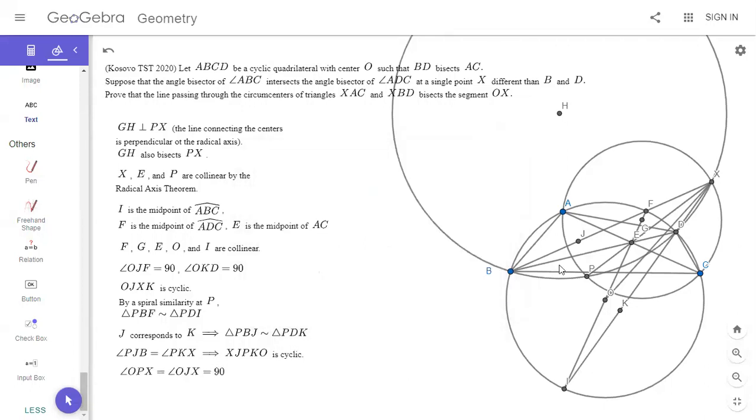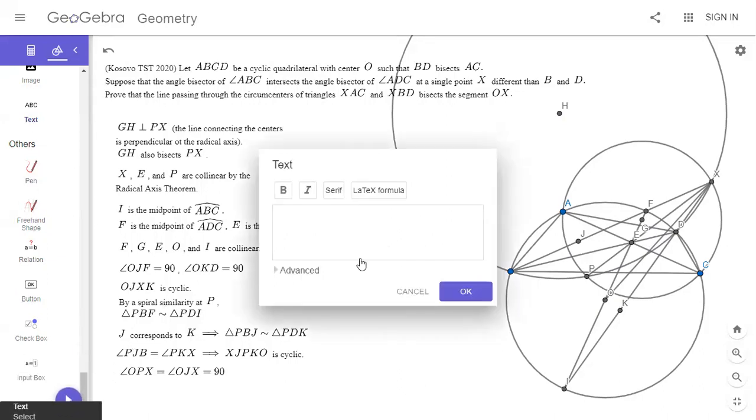And then once we know that, since GH is the perpendicular bisector of PX, GH is parallel to OP, because both are perpendicular to XP.